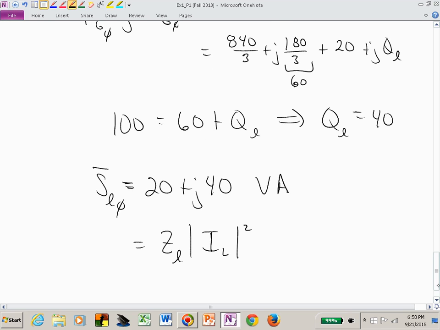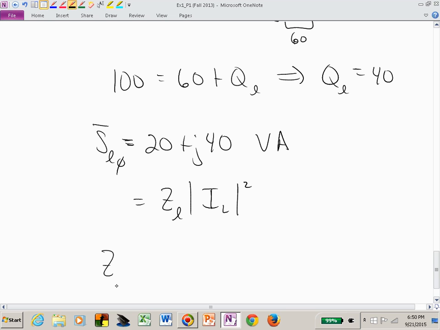And now we can solve for little z sub L. That's S sub L per phase divided by I sub L squared.